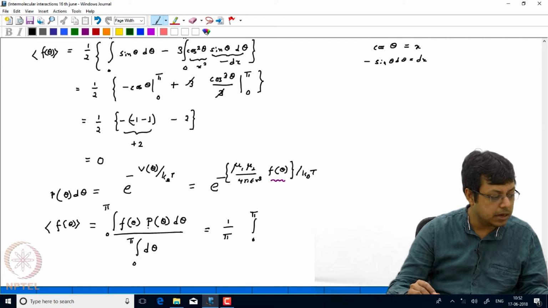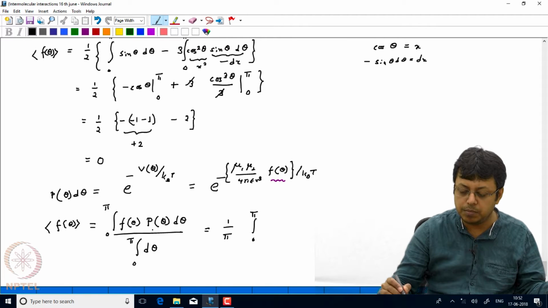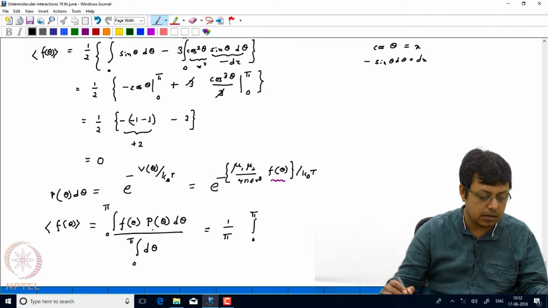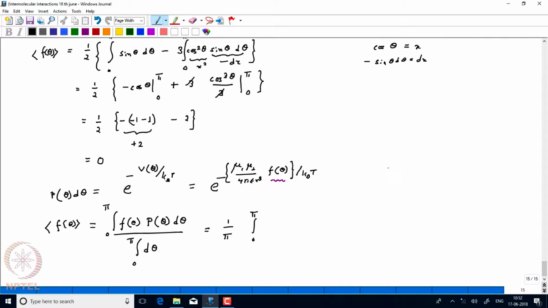So, I have basically f of theta, and then I am writing this potential term as a series expansion, assuming that this potential v of theta is much less than kBT.